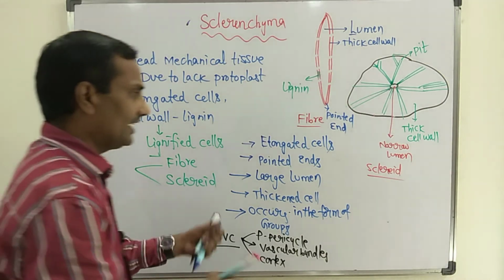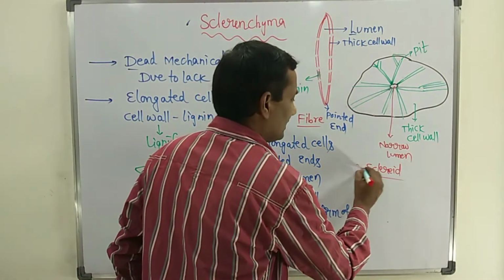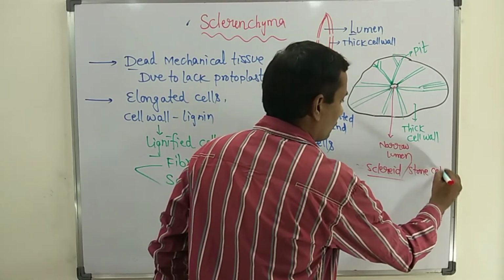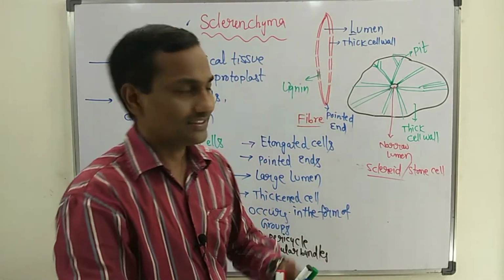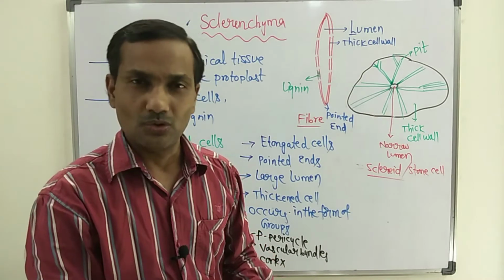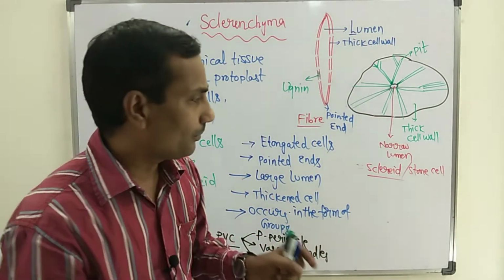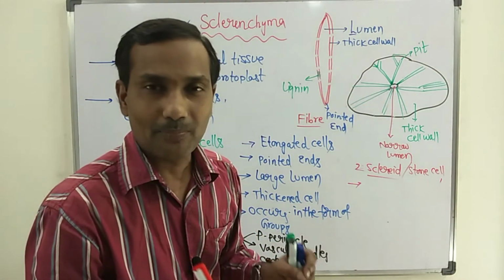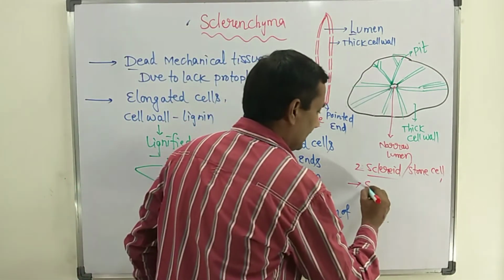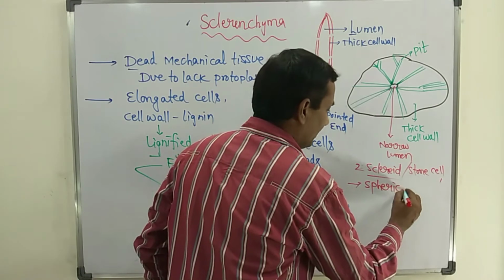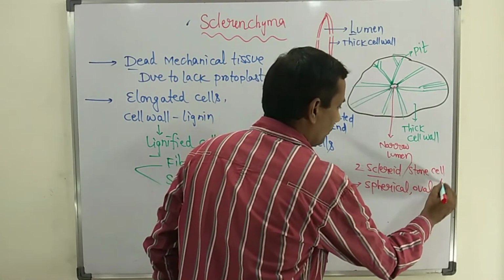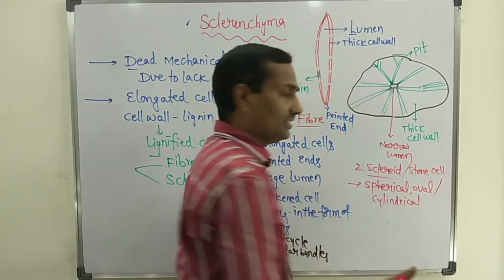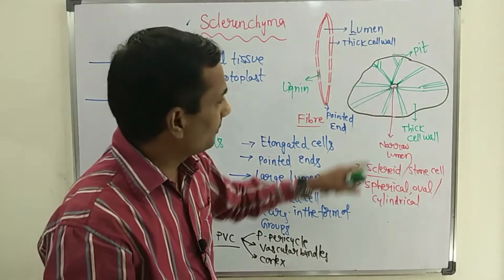Next, the second type of cells are called sclerids. The sclerid is also known as stone cell, because it appears like stone. The main important point about sclerids is that they appear in different shapes. They may appear spherical, oval, or cylindrical.